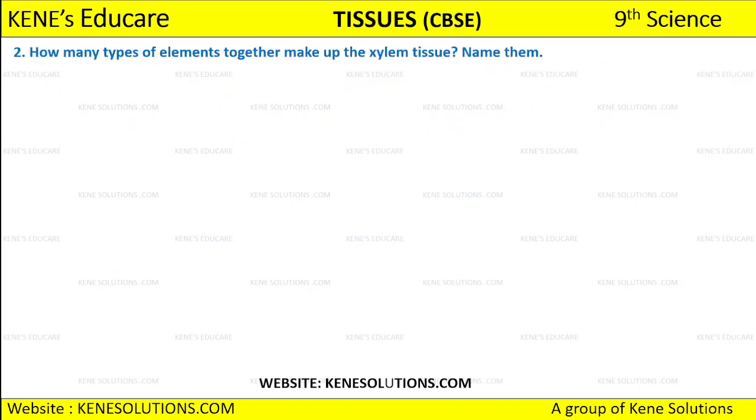After that, the second question that we have is, how many types of elements together make the xylem tissue? What do you think? So I'll write: xylem tissue is made up of four main elements. How many? Four main elements.